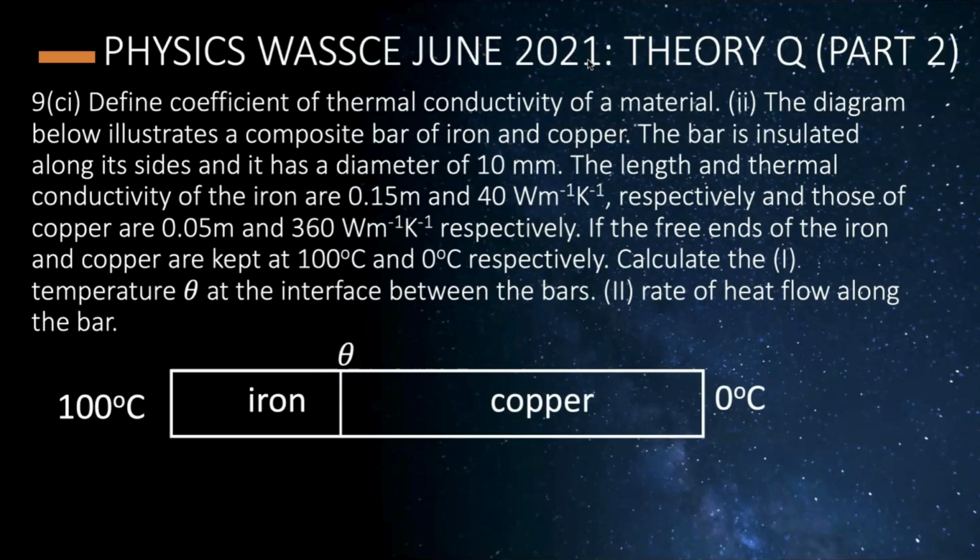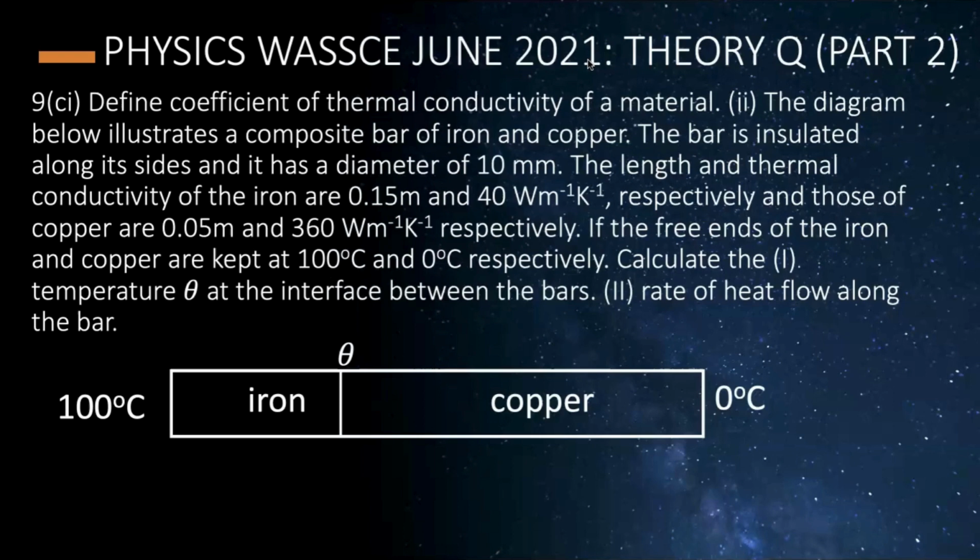The bar is insulated along its sides, and it has a diameter of 10 millimeters. The length and the thermal conductivity of the iron are 0.15 meter and 40 watts per meter per Kelvin, respectively. And those of copper are 0.05 meter and 360 watts per meter per Kelvin, respectively.